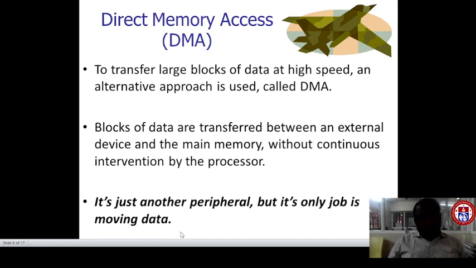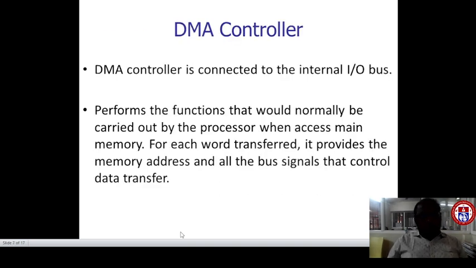It is also another peripheral, but its only job is to move data from or to a peripheral. For providing the connection we need a controller, called the DMA controller, which is connected to the internal input output bus.